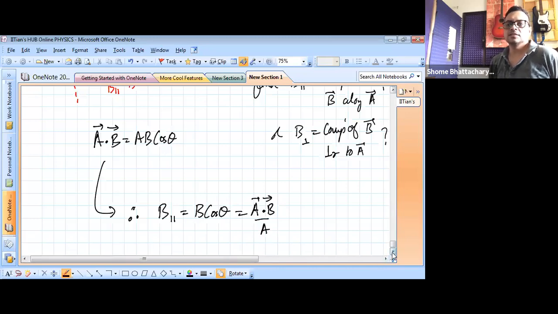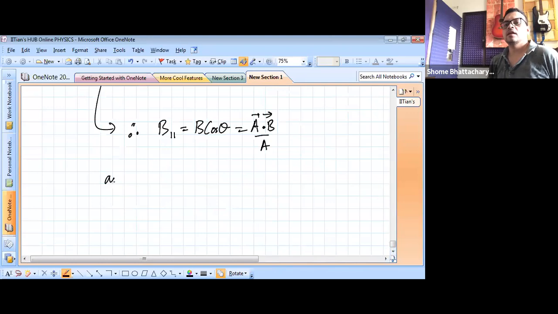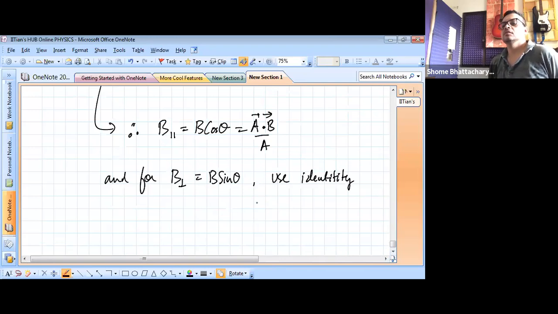Okay. And similarly, for the perpendicular component, which is B sine theta, use the identity that B parallel square plus B perpendicular square will be equal to B square. Why? Because cos square theta plus sine square theta is 1.